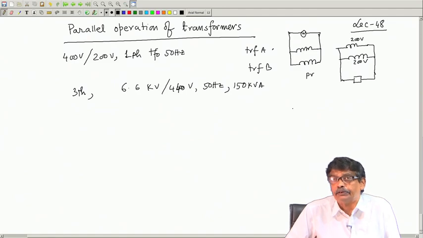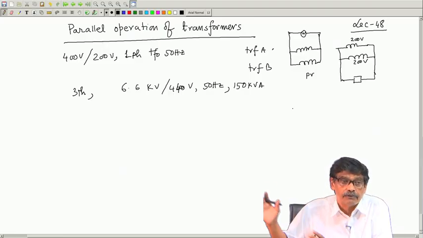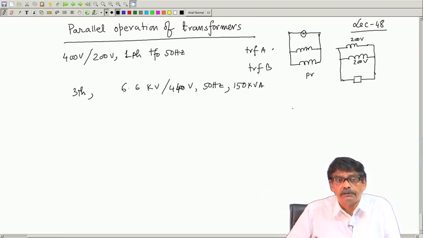Therefore, in such a situation, if two or more transformers are connected in parallel, catering a certain amount of load, it is likely that one transformer will become faulty. Why would all of them suddenly become faulty?